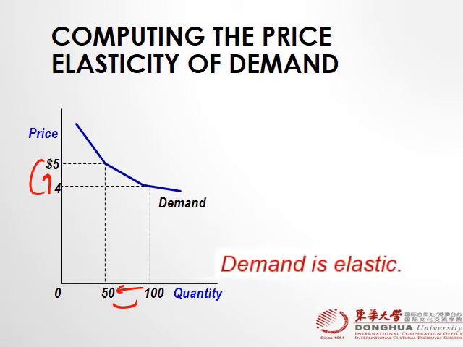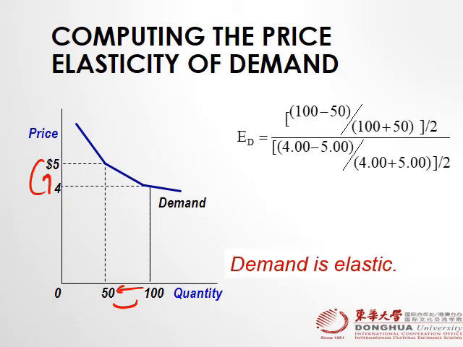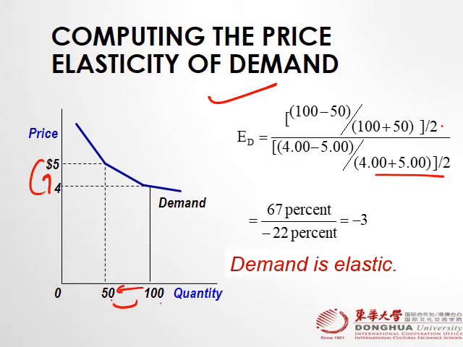Through the midpoint formula, you can find the new quantity minus old quantity divided by the midpoint, over the price change, new price minus old price divided by the midpoint. The answer is minus 3, or you can just ignore the minus sign. The absolute value is 3, which is greater than 1, right? It means this is elastic.